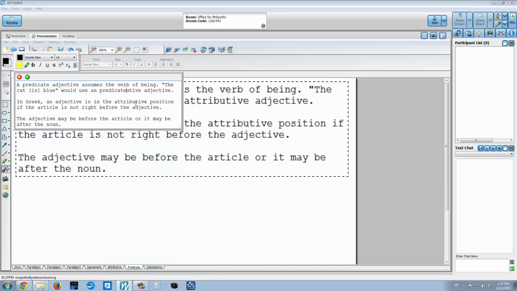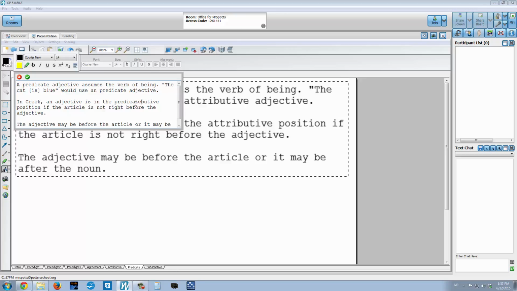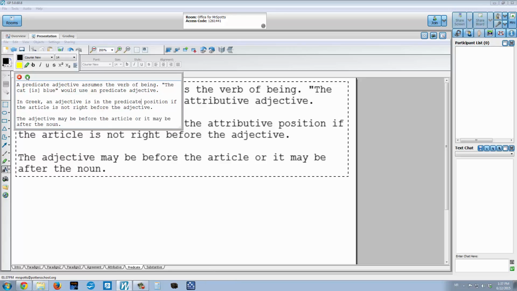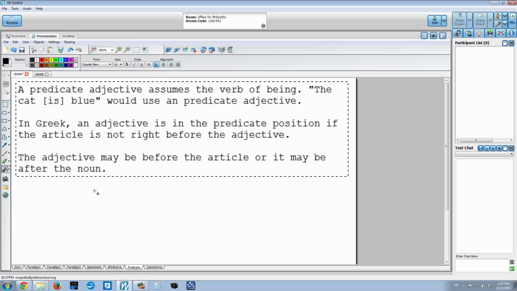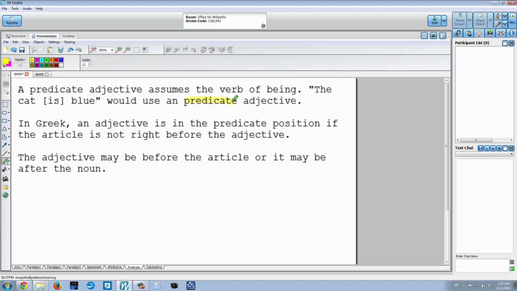This is going to make sure you know the difference between a predicate and an attributive adjective. Amazing what happens when you think you know what it says when you are proofreading. All right, that looks much better. So the cat is blue will use a predicate, not attributive, adjective. And in Greek it's in the predicate, not attributive, position if the article is not right before the adjective.